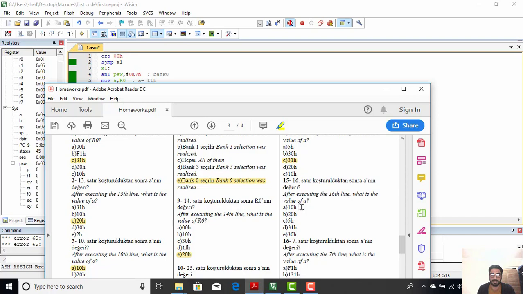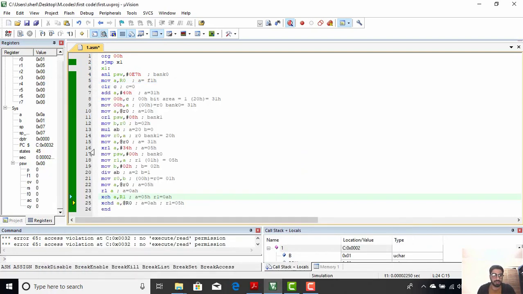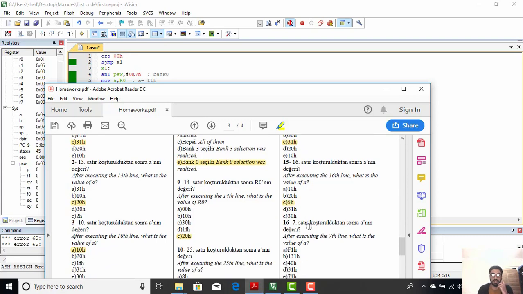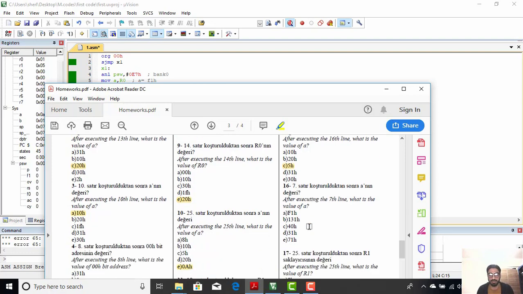Excellent. Let's see, after executing 16, what is the value of A? At 16, the value of A is 5x. So easy. After understanding and writing the program over KEIL software, everything will be easy, no problems, no wrongs. It's right 100%, so no worries.